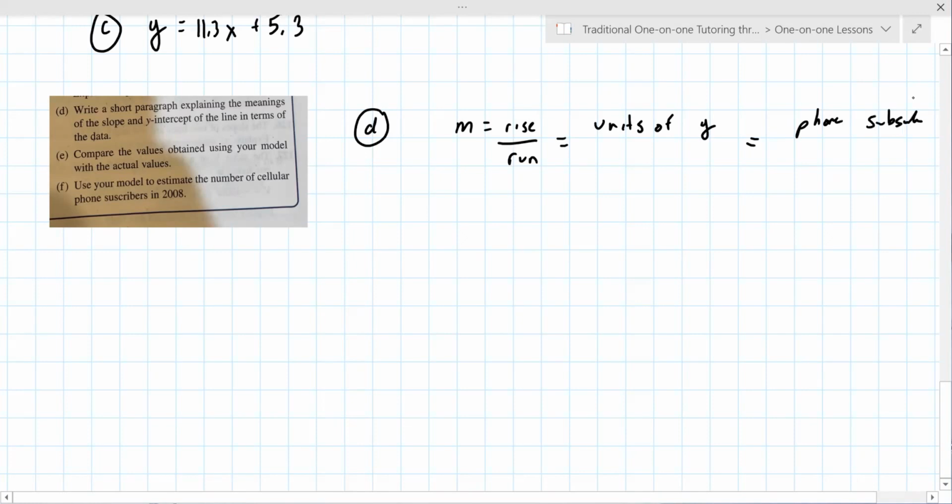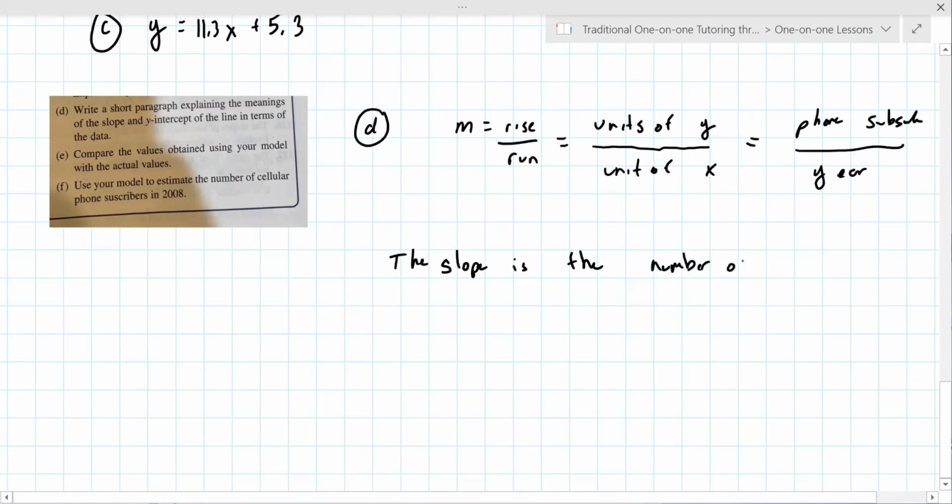And then the run is the X values, the units of X, and that's in years. So now we can make a statement out of this. We can say the slope is the number of phone subscribers per year.